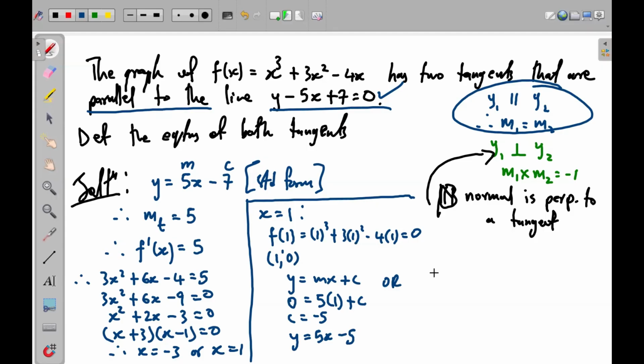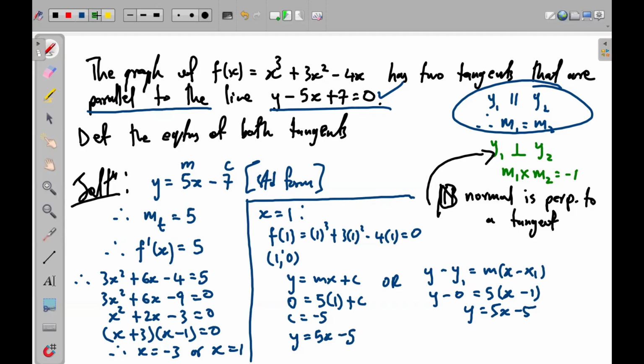If you are not convinced, we can use the method y minus y1 is equal to m into x minus x1. So this is y minus 0 is equal to 5 into x minus 1. And surely, without much debate here, we have 5x minus 5.